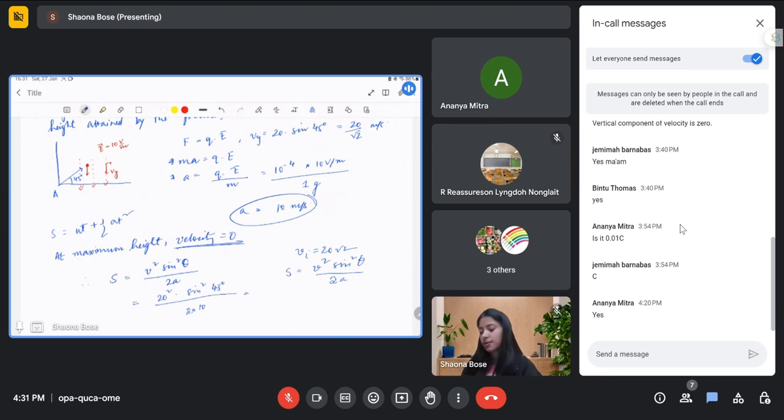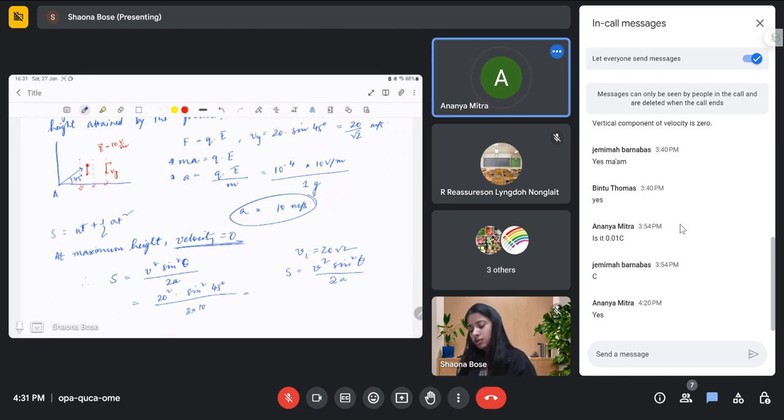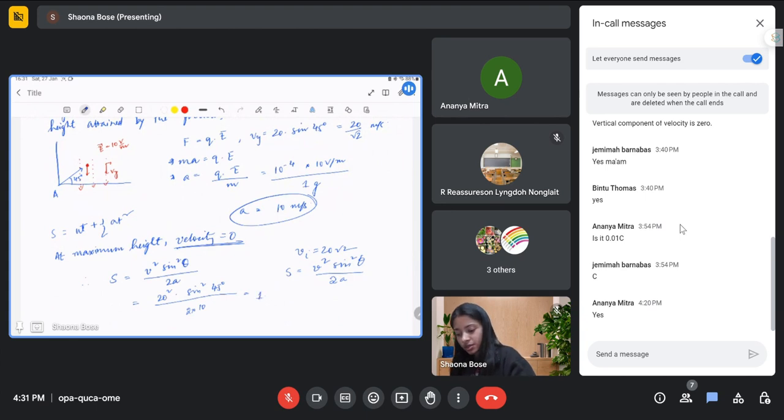What is it? Please tell me, let me also calculate. What are you getting? 10 meters. Yes.